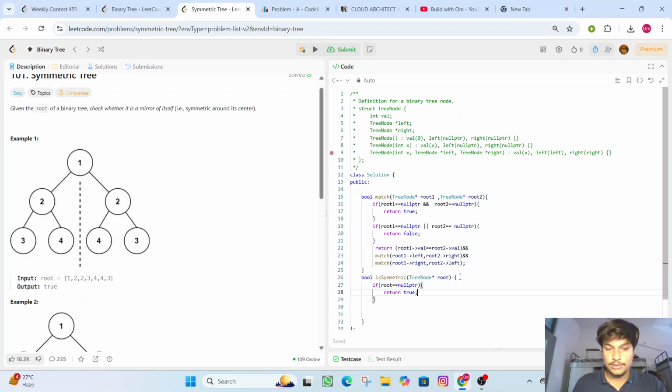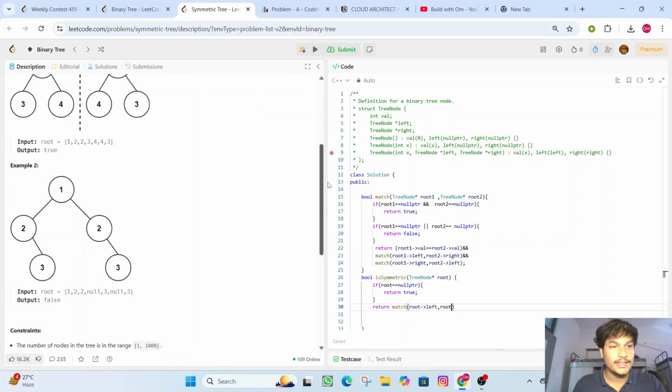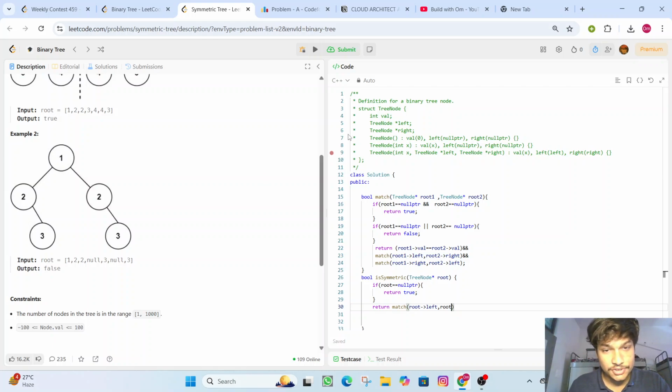After all that, the final line we write is return match root left and root right. So root here is 1, and in the second example root is also 1. So the final line is this, and now we're going to run this part.